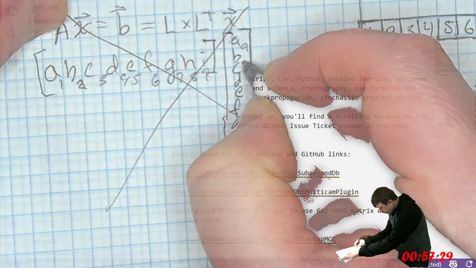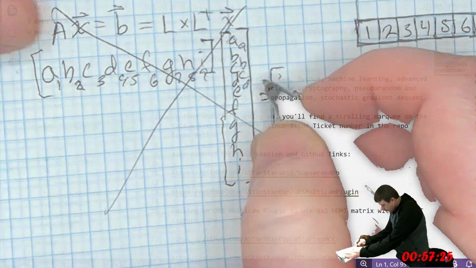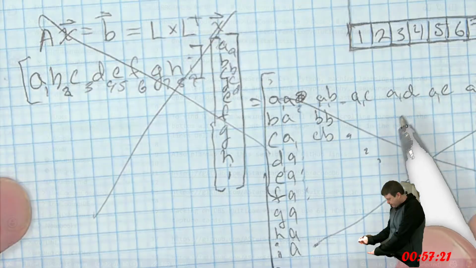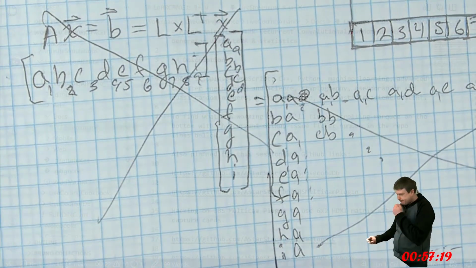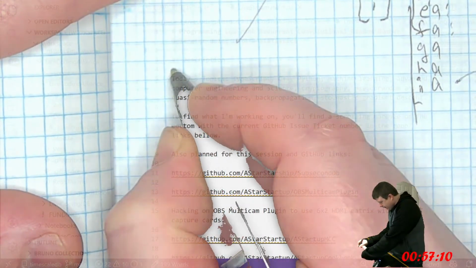And then A, B, C. Shoot. Maybe I could redo that. Let's just do down here in the corner because I just botched that so bad.